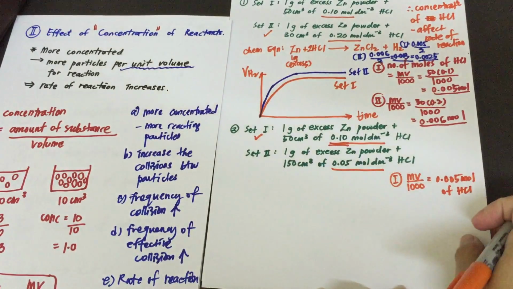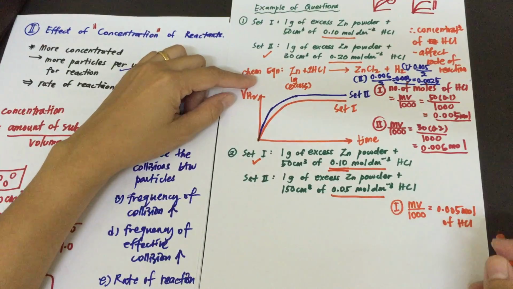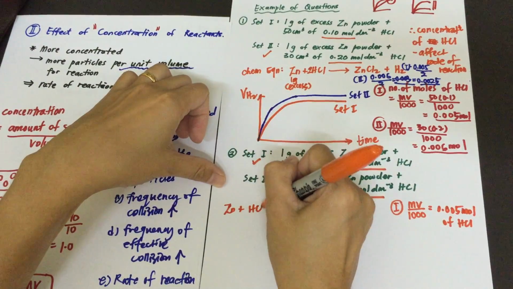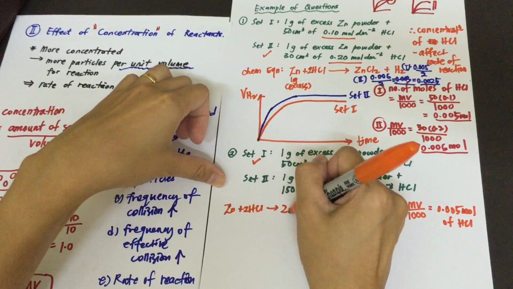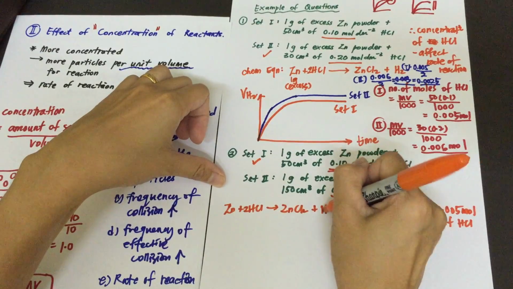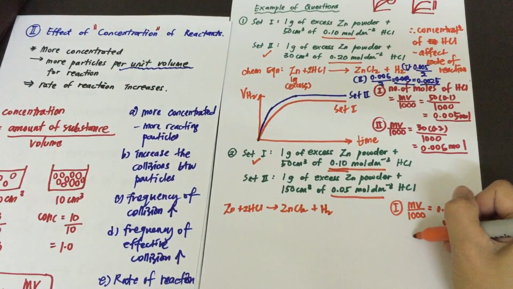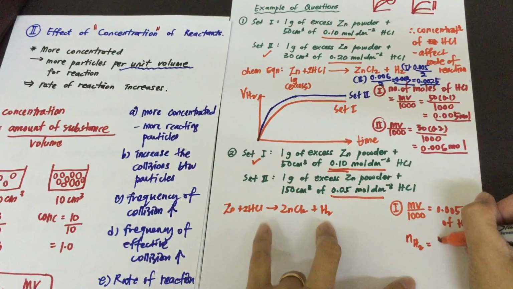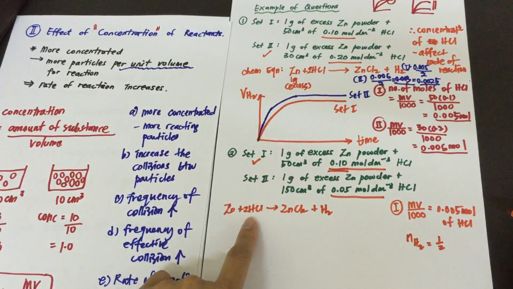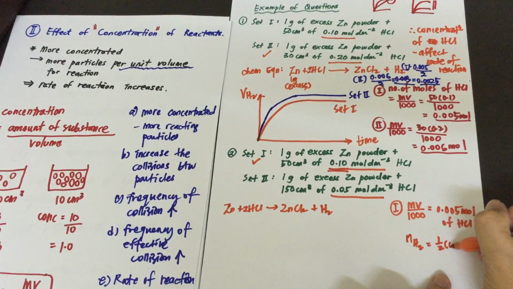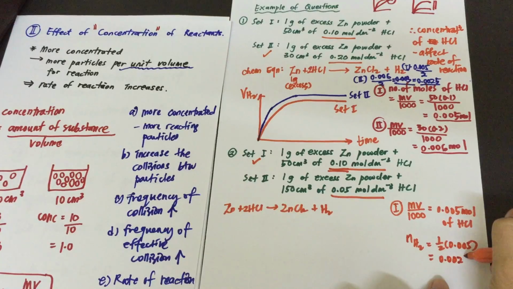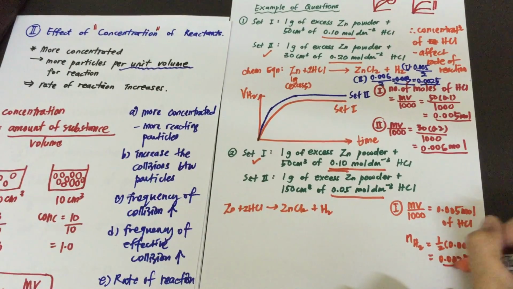And because of that, according to the equation given again, I will write down again. The number of moles of hydrogen gas will be half of the number of moles of the HCl. So which is 0.005 here, and we obtain 0.0025 mole.